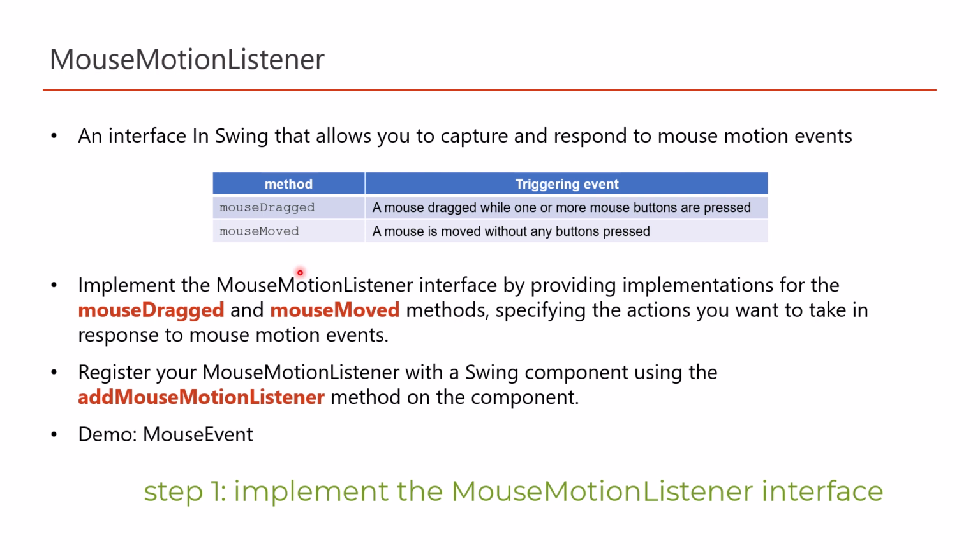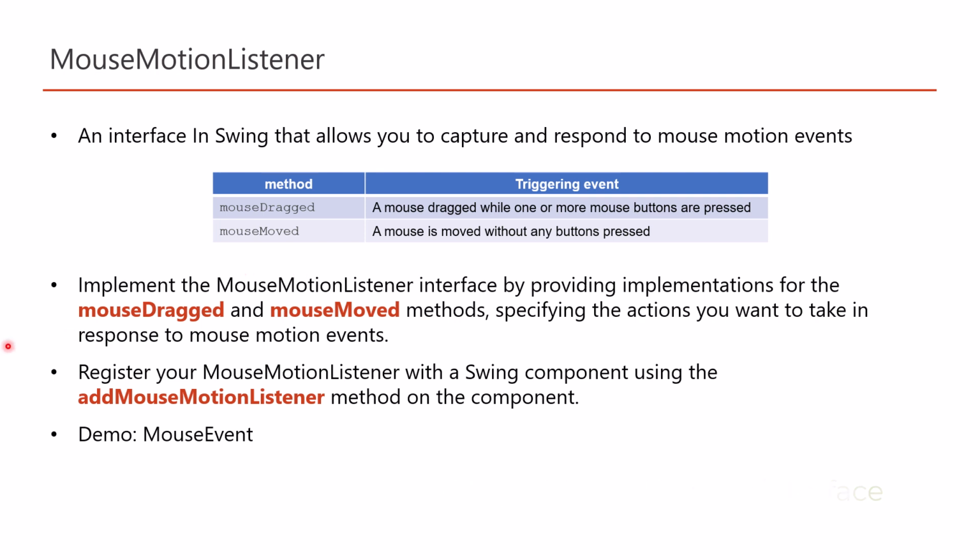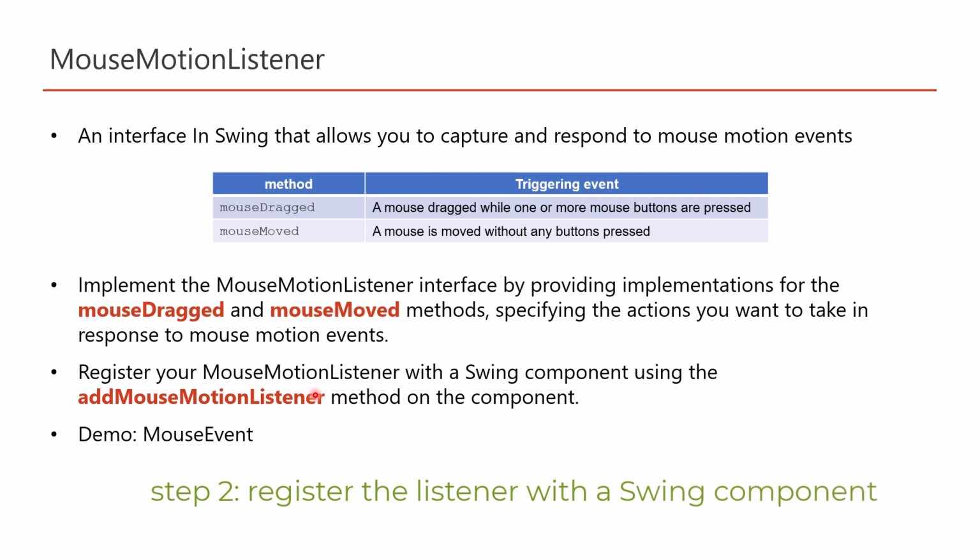This could involve updating the GUI, moving components, changing cursor types, or other interactive behaviors. And register your MouseMotionListener with a Swing component where you want to capture mouse motion events. This can be any Swing component.